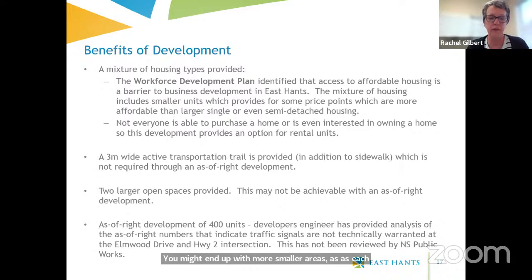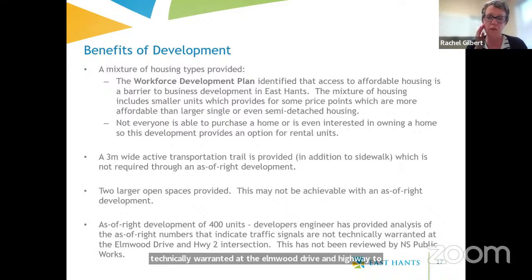And this is an update. The last bullet point is an update since this was posted on the agenda, but the developer's engineer has provided an analysis of the as of right numbers, which were around 400 units. And that indicates that traffic signals are not technically warranted at the Elmwood Drive and Highway 2 intersection.